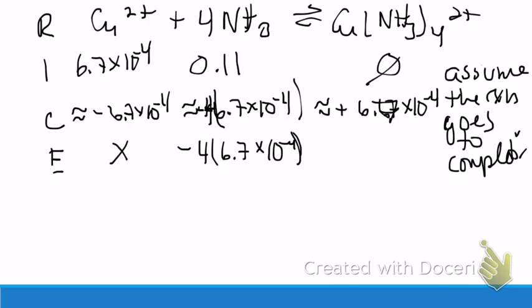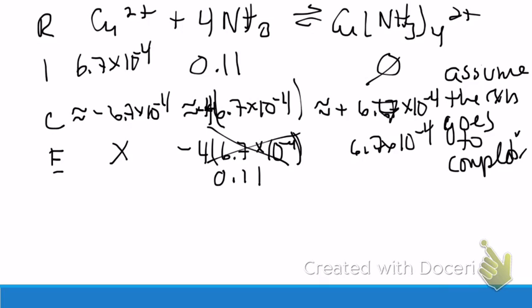And then our concentration of the complex ion is going to be, again, 6.7 times 10 to the negative 4. For ammonia, the number we get is still going to be small enough that we can assume it doesn't actually affect our concentration. We're going to be left with 0.11, because that number, even though we're multiplying it by 4, is still so small.